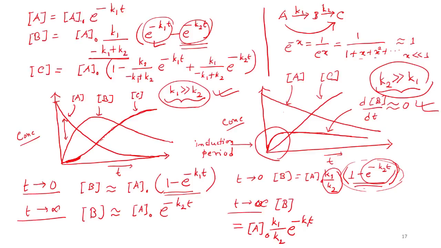And that's exactly what you saw: A is decaying, and B is growing with the same rate. But after some time it starts decaying, when A has also been completely consumed, and then B is only decaying, and C rises at the same rate as B is decaying.